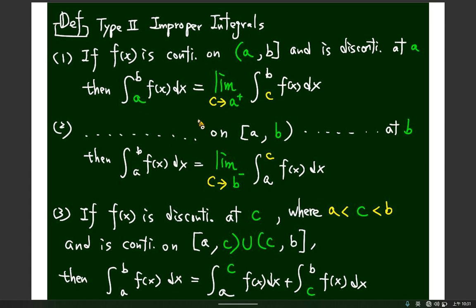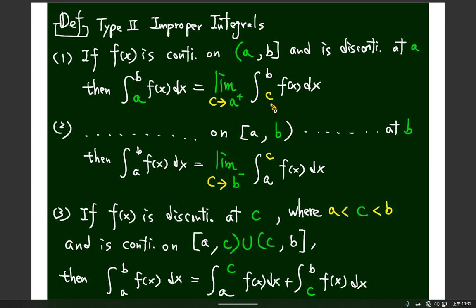If you want to calculate this improper integral, you also need to set two phases for this calculation. The first one is that we set a temporal c. Here, c is not a, because as I told you, at x equal to a the function is not continuous.